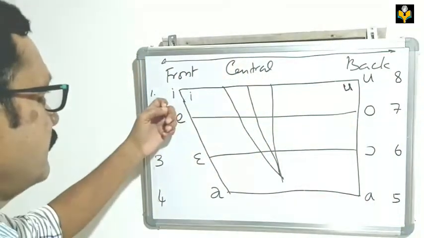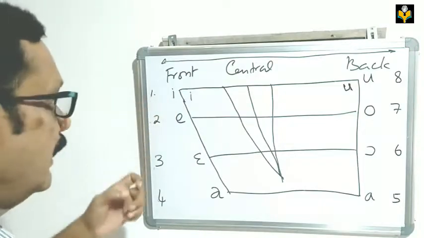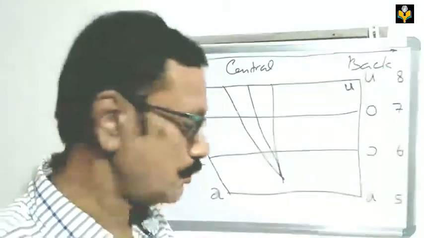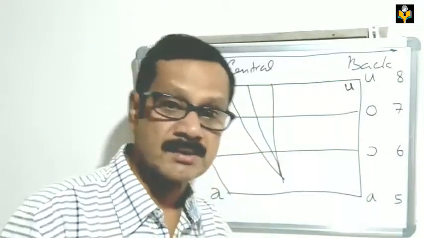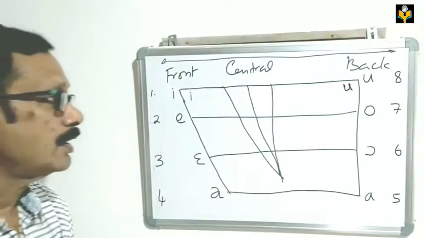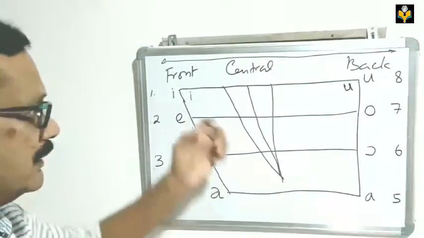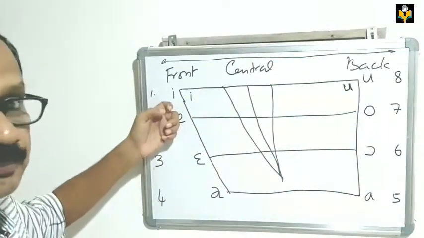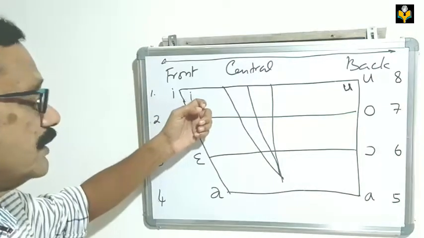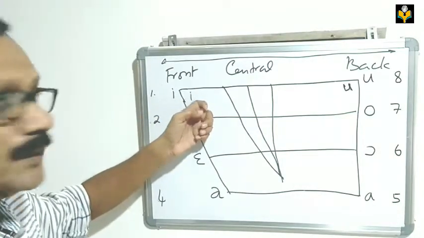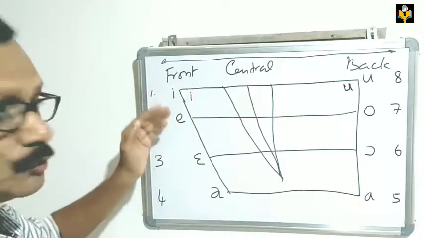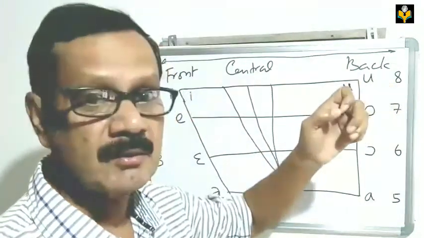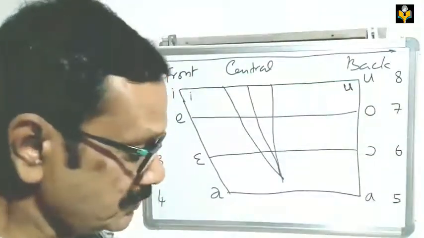E is near cardinal vowel number 1 and U is near vowel number 8. We don't know the correct pronunciation of these vowels, so that is how we describe the point. It's a point of reference.